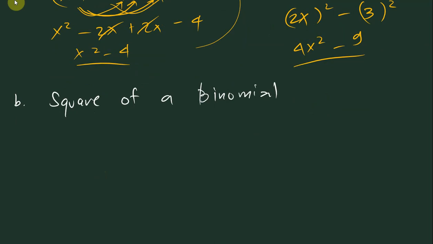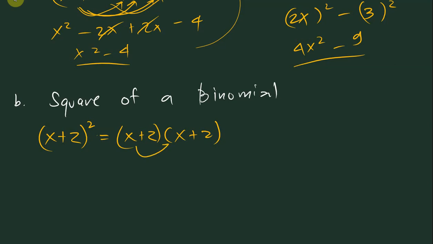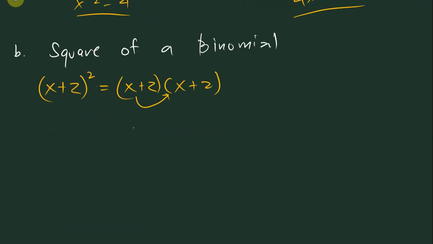Okay, so let's start with an example first. Say we have x plus 2 squared. Okay, so this will be x plus 2 multiplied by x plus 2, right? So if we evaluate this, we have x squared and then plus 2x and then plus 2x again and then plus 4, right?